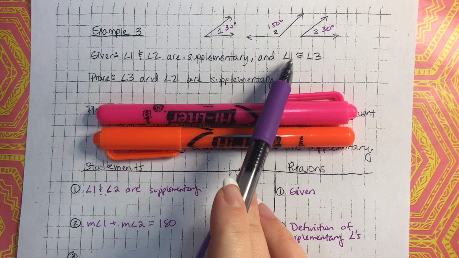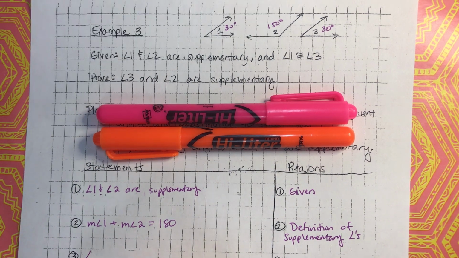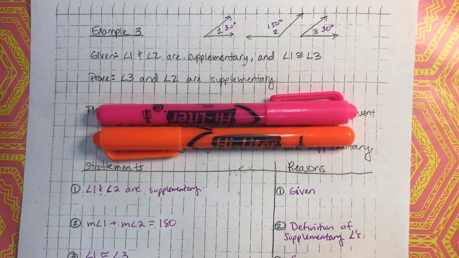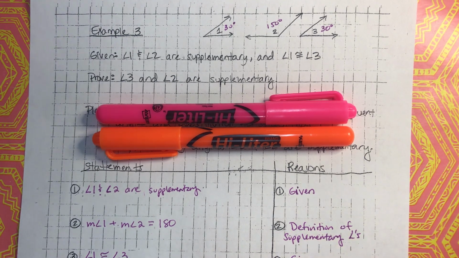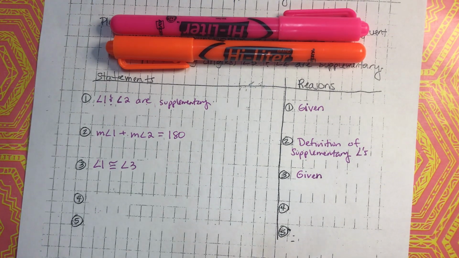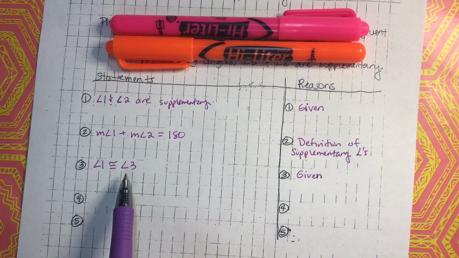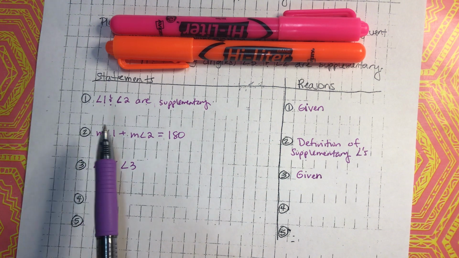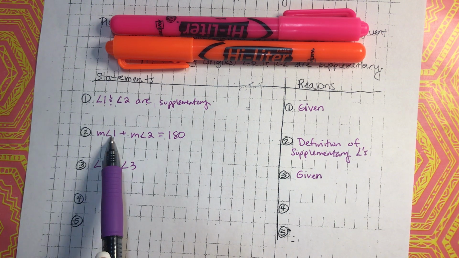So I'm going to bring in angle 1 is congruent to angle 3, and that's given. What can I do with this? What would be really nice is, since I know these two are the same, instead of writing angle 1, I could write angle 3 there.